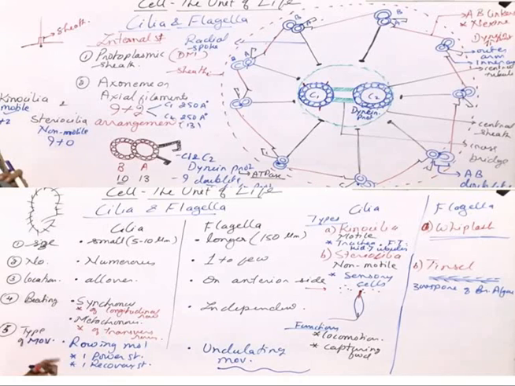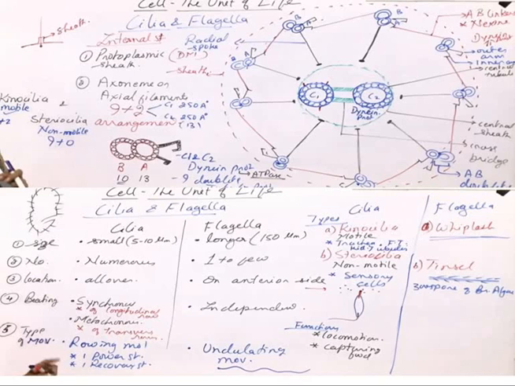Now the number of cilia is numerous, but flagella may be one or a few in number at the anterior side of the animals. Beating of the cilia is synchronized, that is in a longitudinal way, or metachronal movements, that is in a horizontal or transverse way.